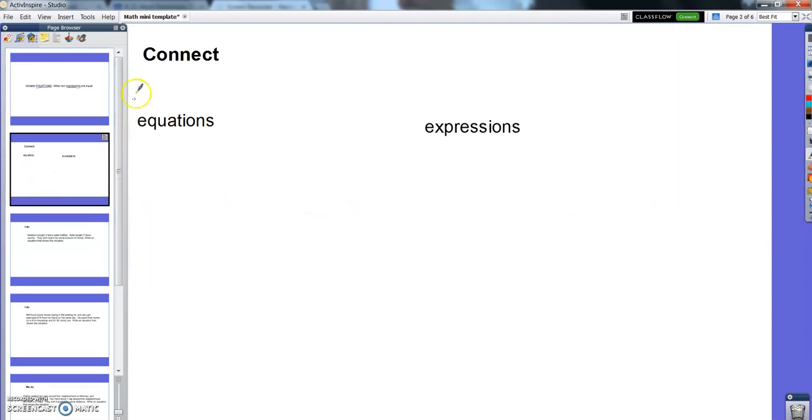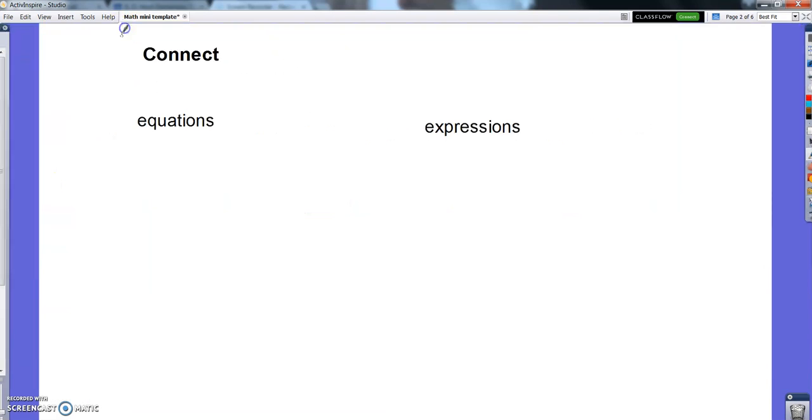So quick reminder, at our pre-middle school level, equations are things that have equal signs in them, things like 2 plus 5 equals 7. That's an equation. And this equation involves two expressions. 2 plus 5 by itself is an expression. And believe it or not, 7 is an expression.